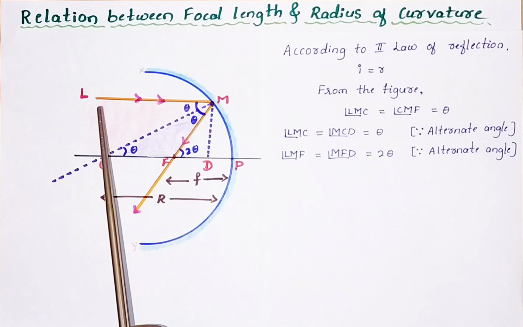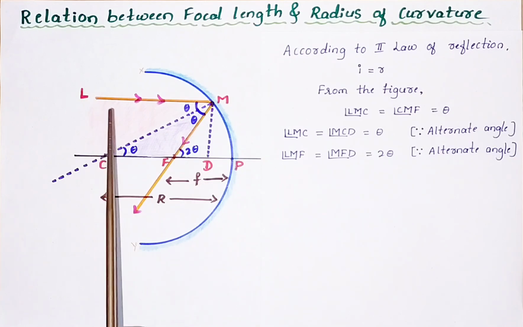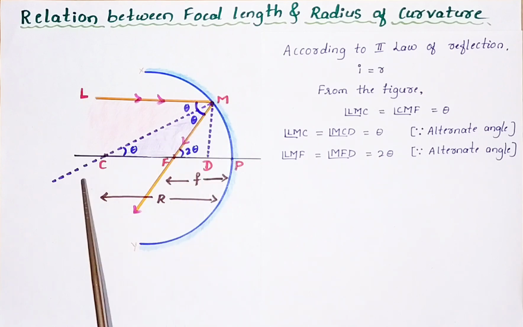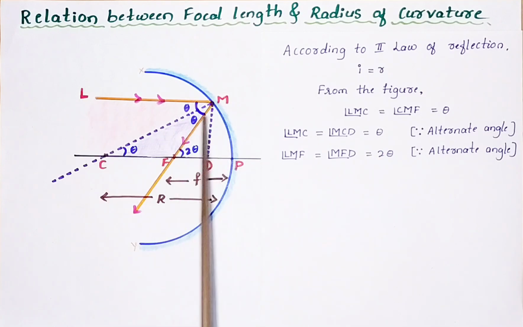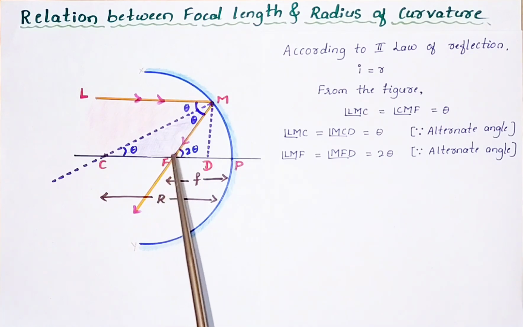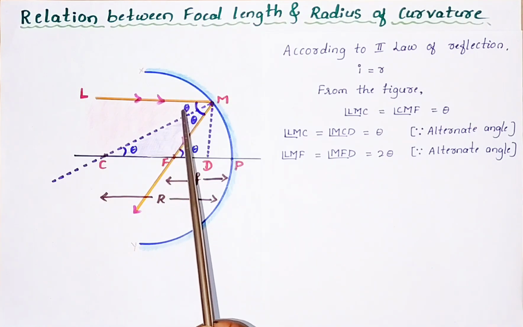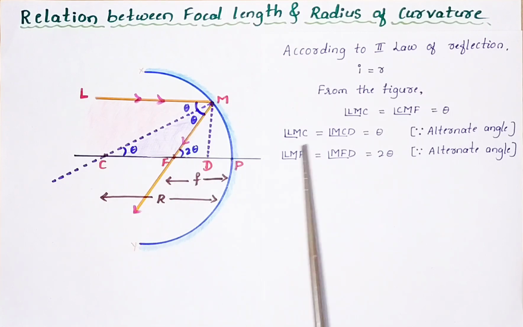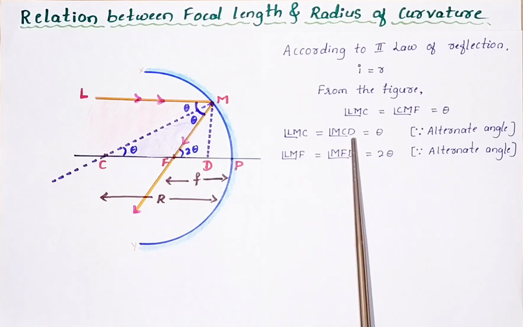There are two alternate angles in the diagram. That is, you can observe angle LMC and angle MCD. These are alternate angles. When angle LMC is theta, then angle MCD is also theta, because they are alternate angles.